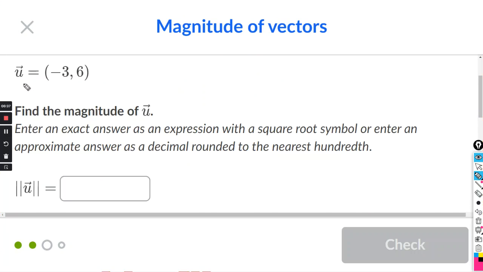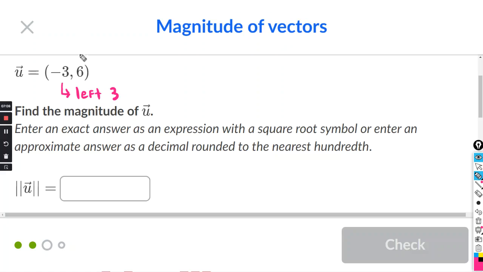One more. The components of vector u are -3 and +6. They want us to find the magnitude of u. This is not a point, this is not coordinates. This is the components of u. So -3 on the x means the vector went left 3 units, because x is left, right.